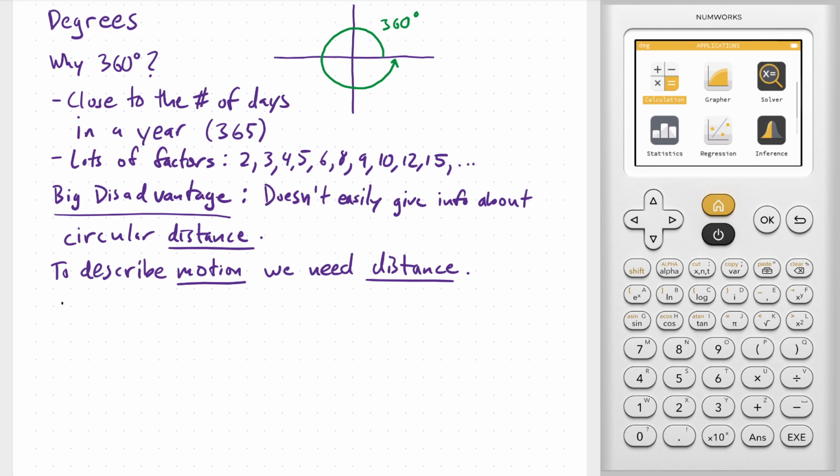All right, so consider we have a circle with radius 1 unit. And let's go ahead and draw a little circle.